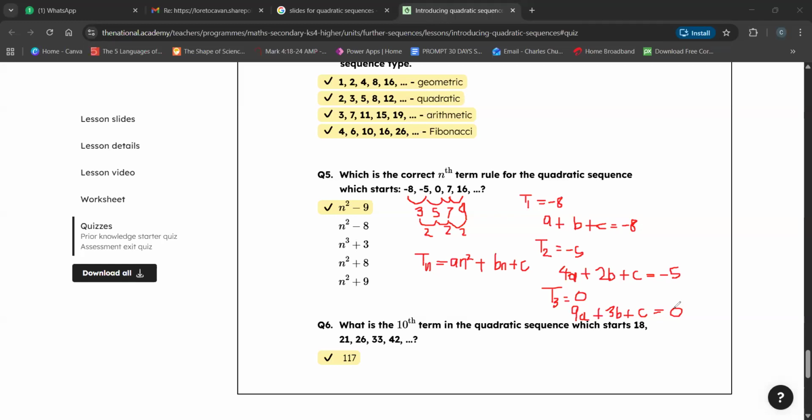Okay, I'm thinking that, well, three unknowns.